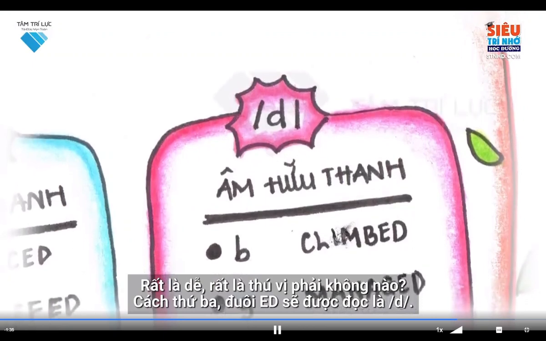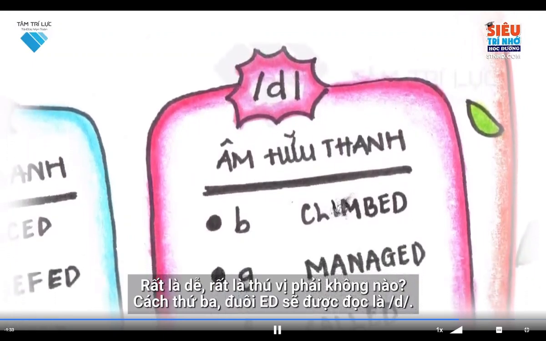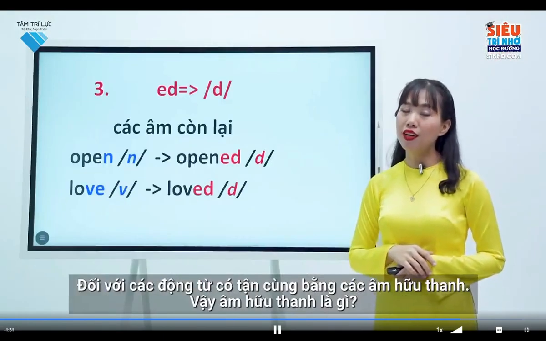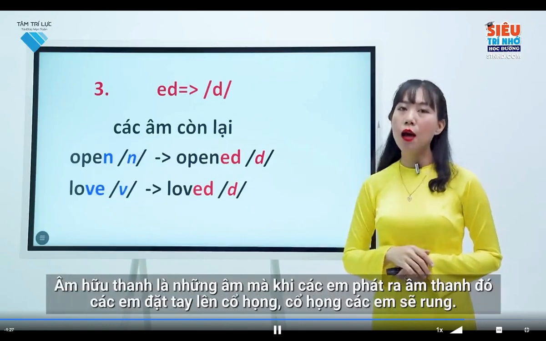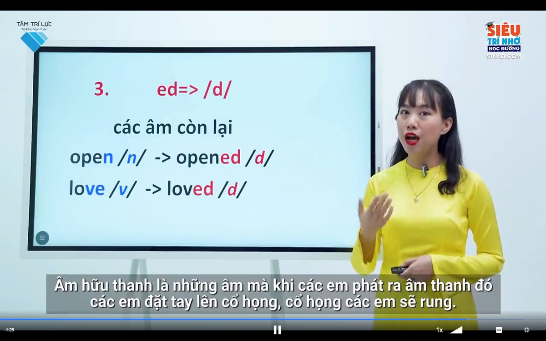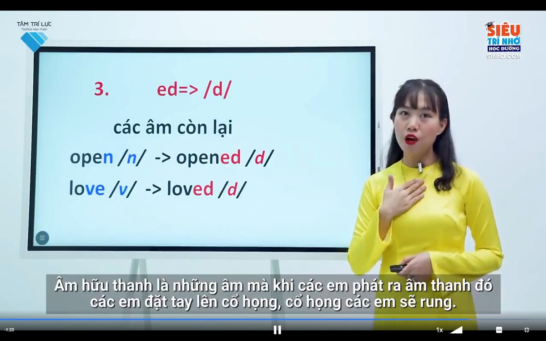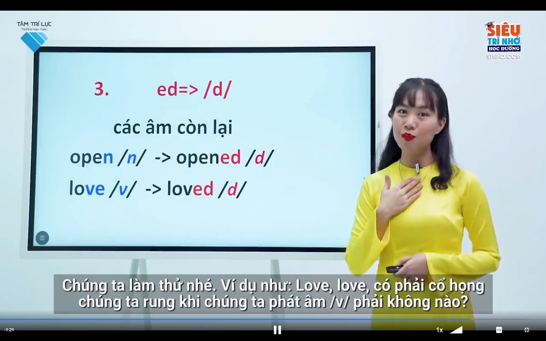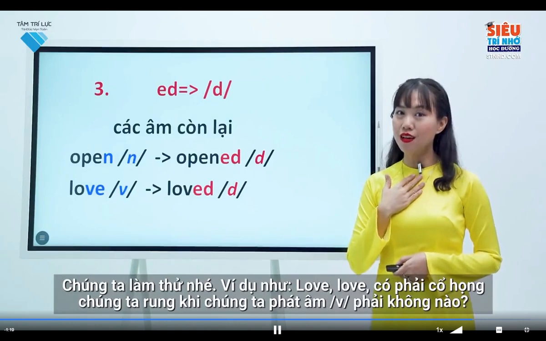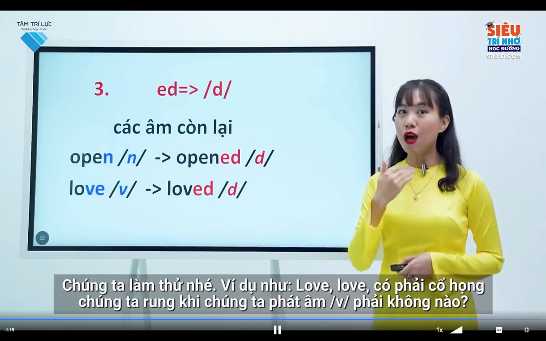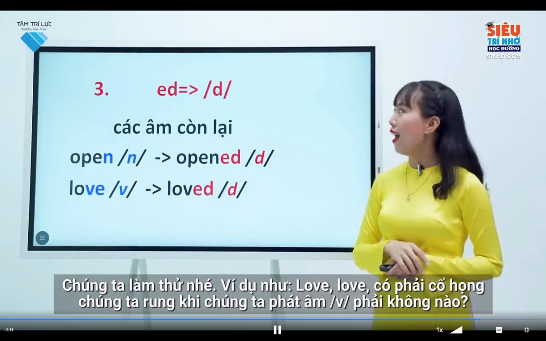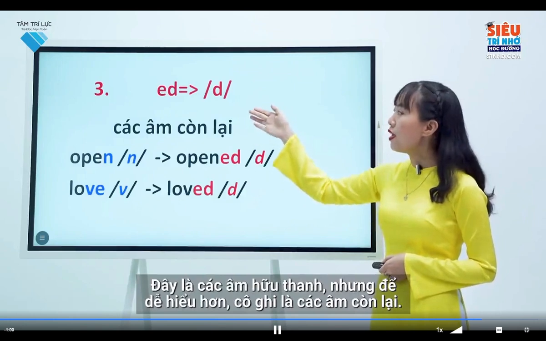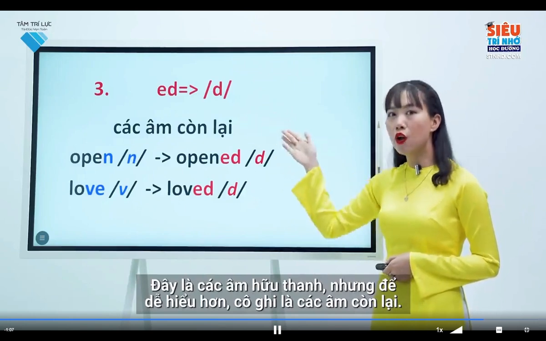The third way, the ed ending will be pronounced as d, for verbs ending in voiced sounds. So what is a voiced sound? Voiced sounds are the sounds where you can feel your throat vibrate when touching your throat. Let's try it. For example, love. Doesn't our throat vibrate when we pronounce v? So they are voiced sounds, but to make it easier to understand, I call them the remaining sounds.